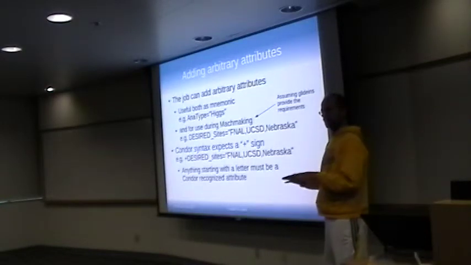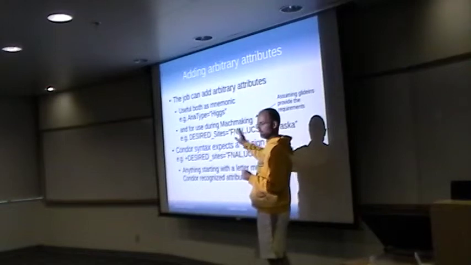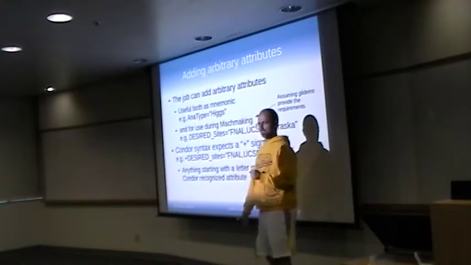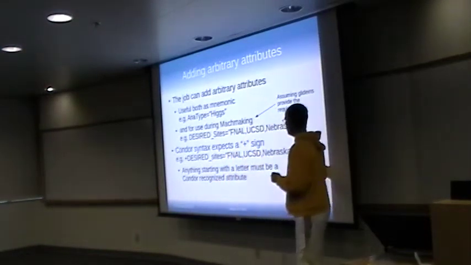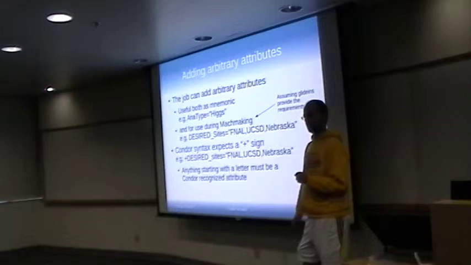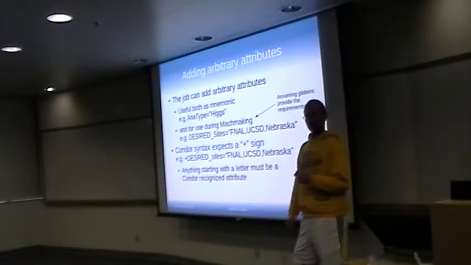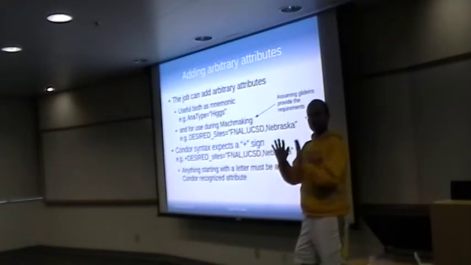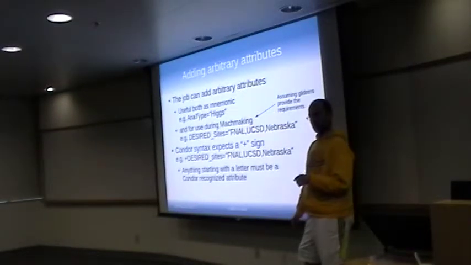They are just attributes that are not standard for Condor. And in order to add any attributes that Condor doesn't recognize, you have to put a plus sign in front of it. So you have to do something like +DesiredSite equal blah blah blah. Because if you don't start with a plus, Condor will complain that it's an attribute that it doesn't recognize. So this is how you distinguish between standard and custom attributes. In the end, in the classad it's the same. It's just that condor_submit will complain if you don't.